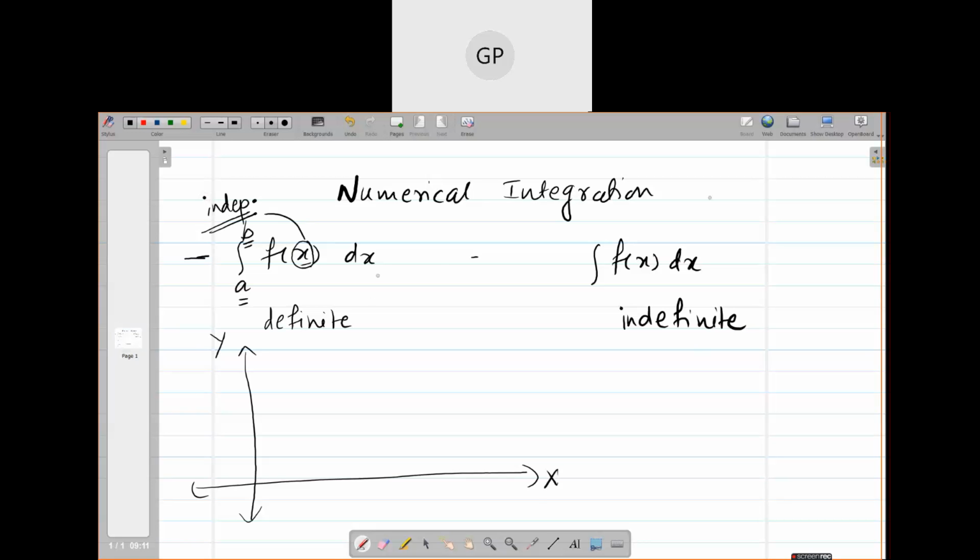Your f(x) is nothing but y. Y is a function of x and you want to integrate it. So these a and b values lie on which axis? X axis. They lie on the x-axis, exactly.